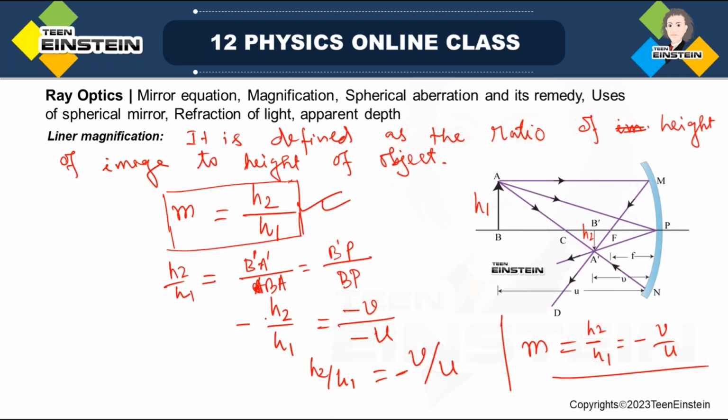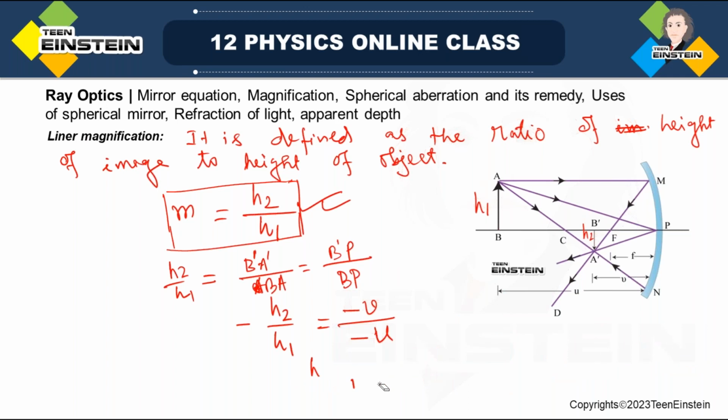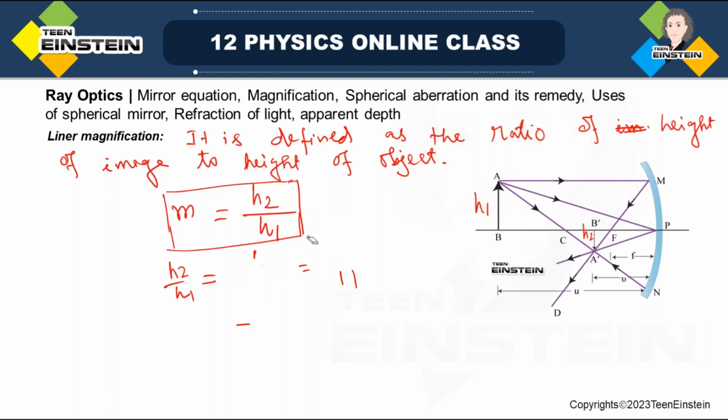See, for the virtual image, for the time being, I'm just erasing this part alone. Let me suppose in case of convex mirror or even in concave mirror also, when the virtual image is formed. So here let me show you.